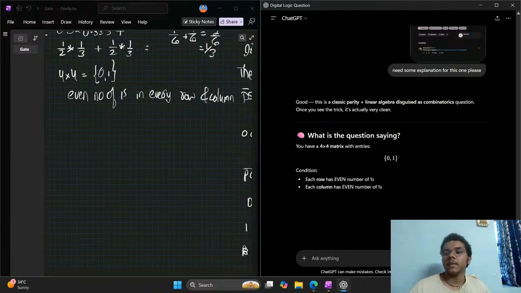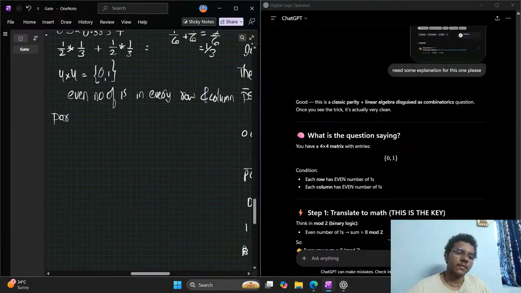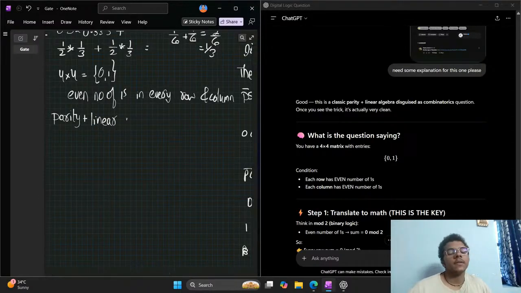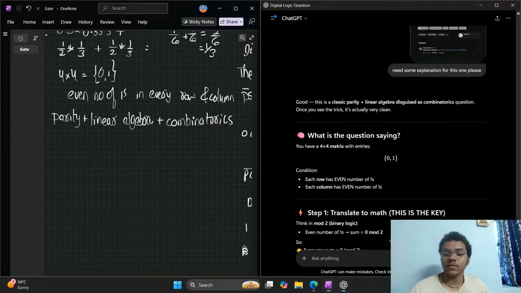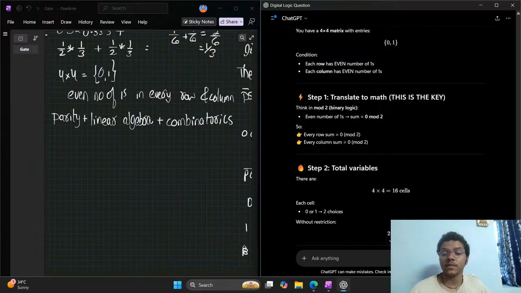Classic parity plus linear algebra disguised as a combinatorics question. Parity plus linear algebra plus combinatorics. A 4 by 4 matrix with 0, 1 entries, each row has an even number of ones, each column has an even number of ones. Think of mod 2 each.